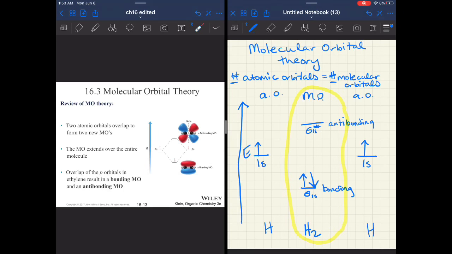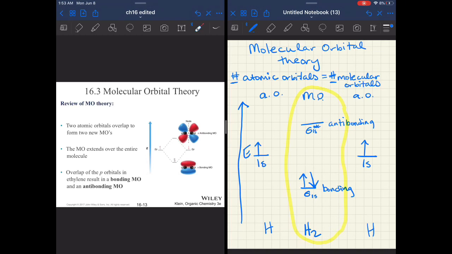And that's why you see an up and a down arrow. Now, there are no more electrons, so nothing goes in the antibonding orbital. We can really see why this bond forms, because when these two hydrogen atoms come together, the resulting orbital, where the electrons are going to live, is lower energy. And that's the really simple version.